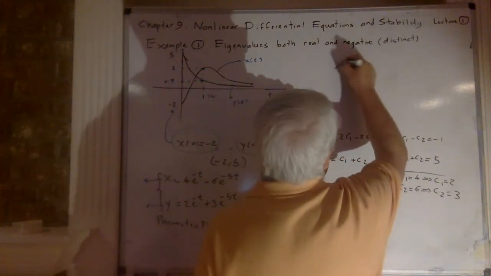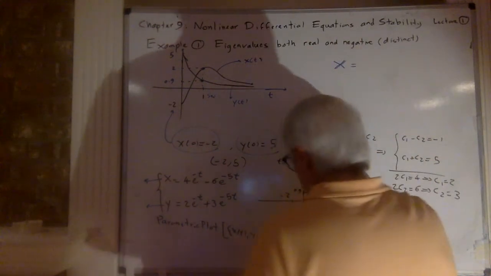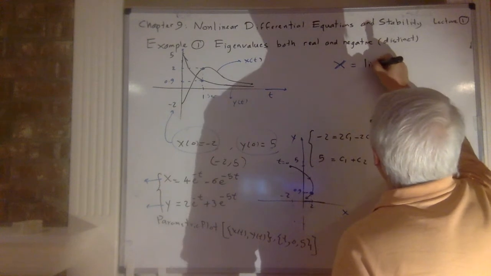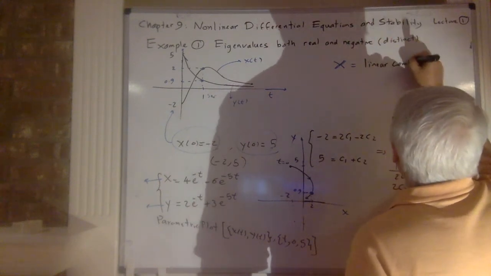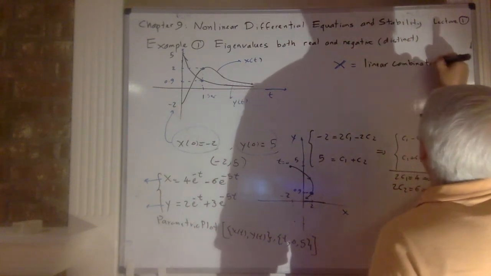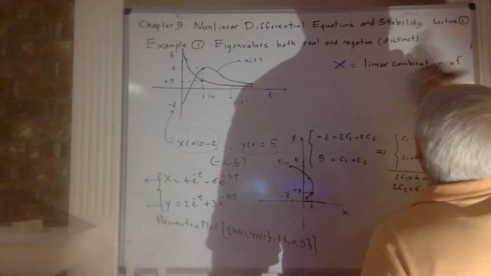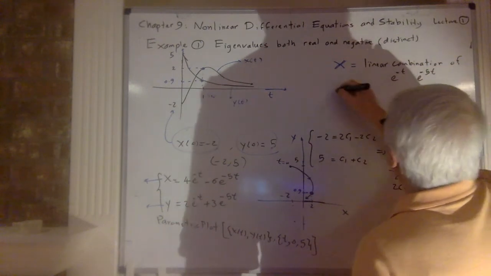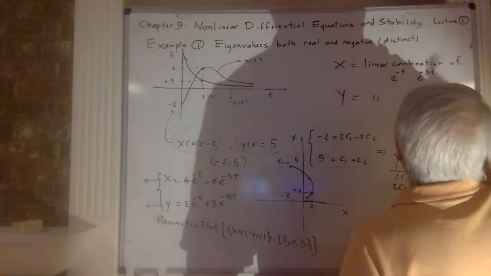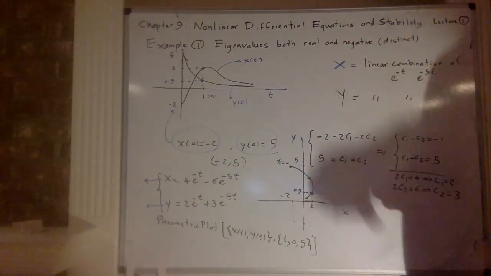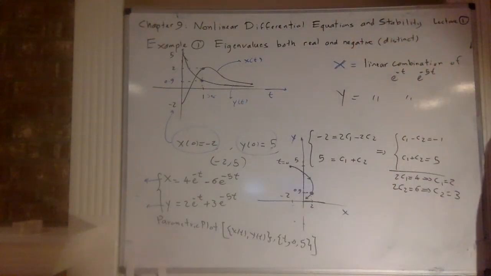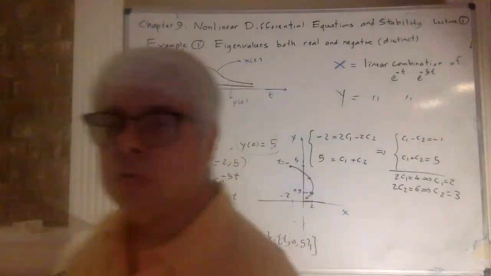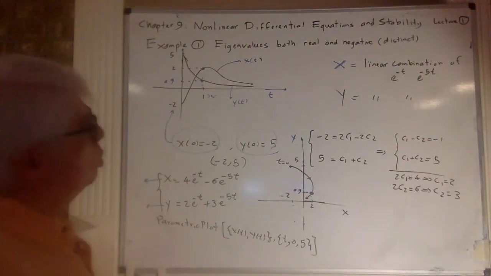X itself is a linear combination of e to the power minus t and e to the power minus 5t. Y is the same, some linear combination. So each one of them is a linear combination of those two functions. What do they look like?